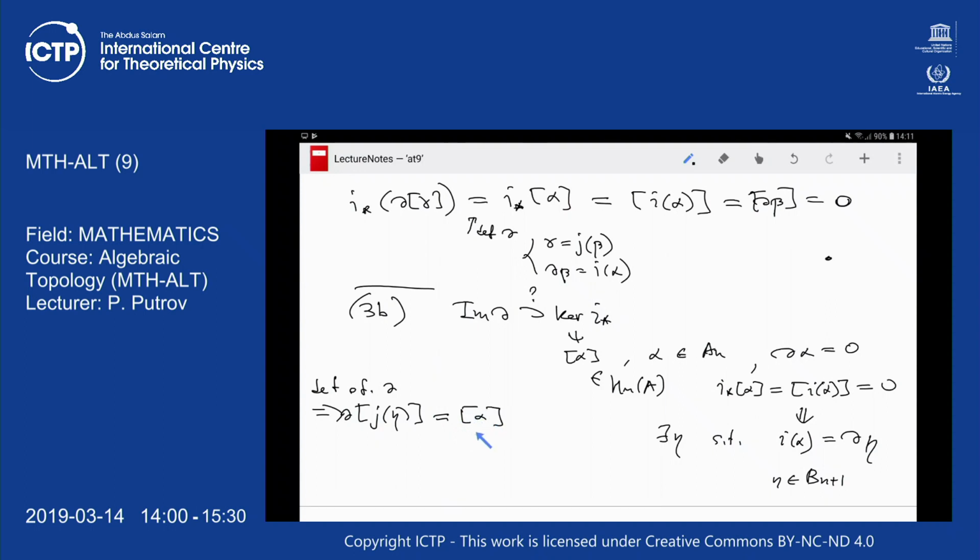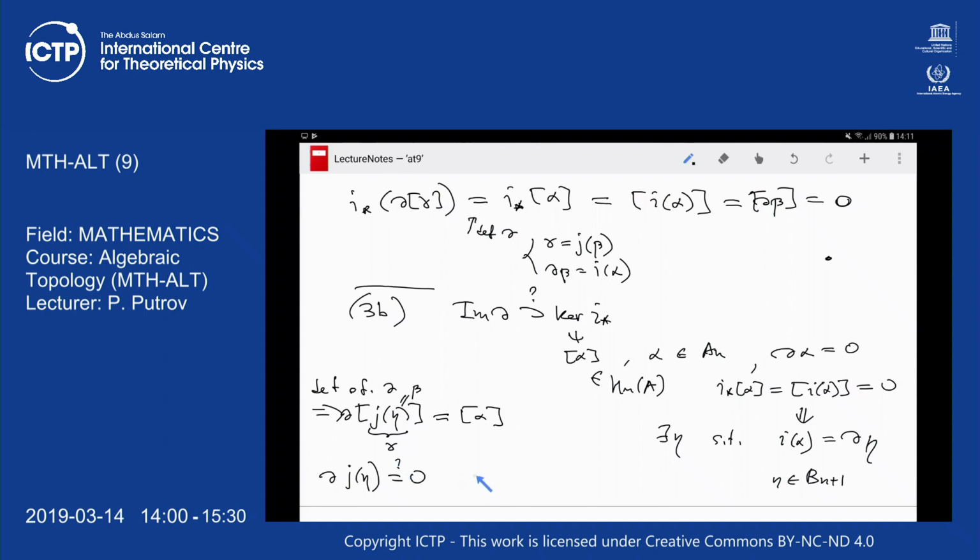And this will be my gamma in the definition, and eta will be beta in the definition. But one thing we have to check is that this is a valid representative of an element in homology. We want to check that d of it is 0.